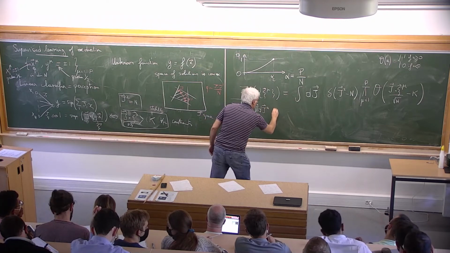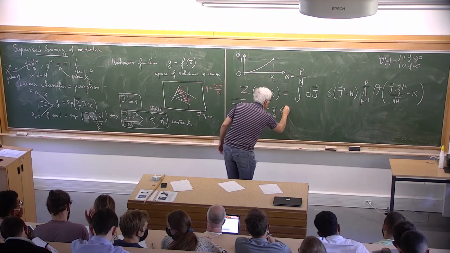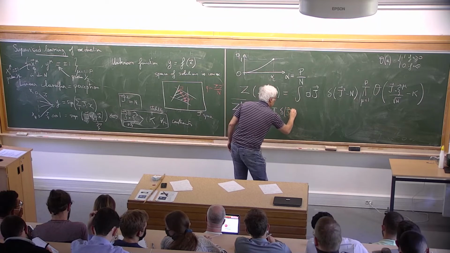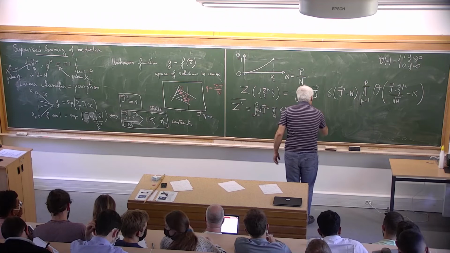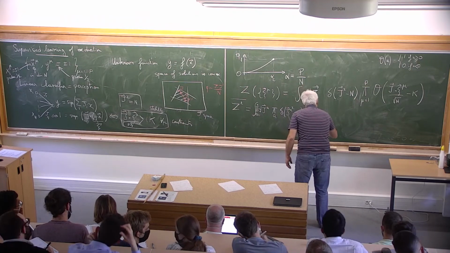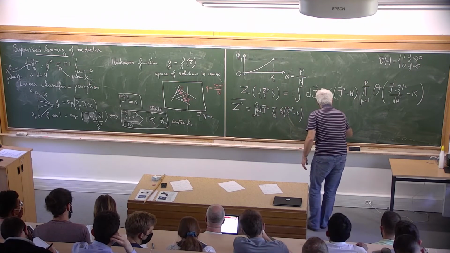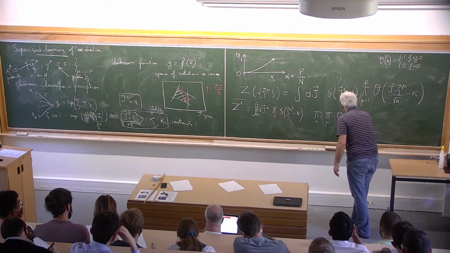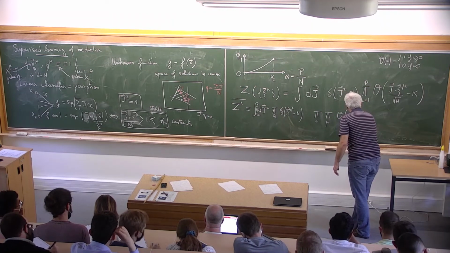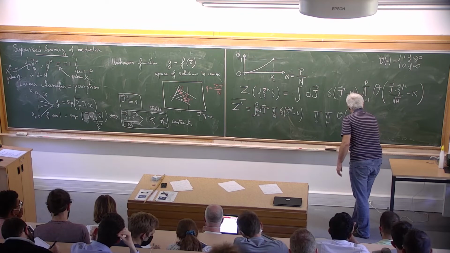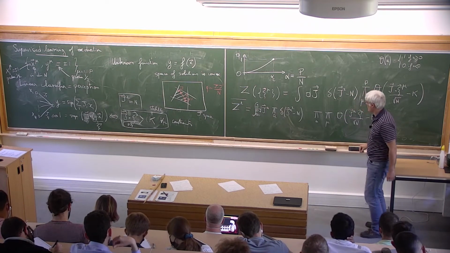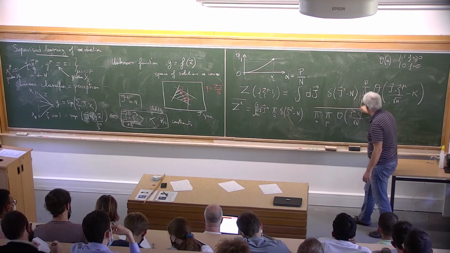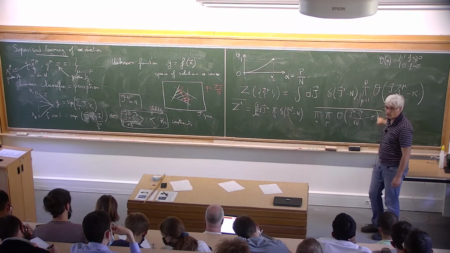Then we have the product over a of the conditions to be on the hypersphere, J squared minus n. And then we get the interesting part, which is a product over a, product over mu of this theta function, Ja dot psi mu over square root of n minus kappa. And I put here the average, that's the average over the quenched data.